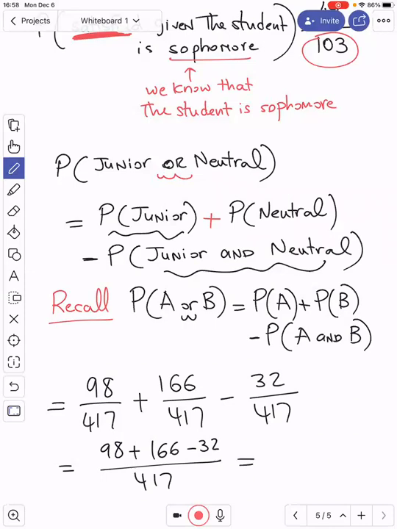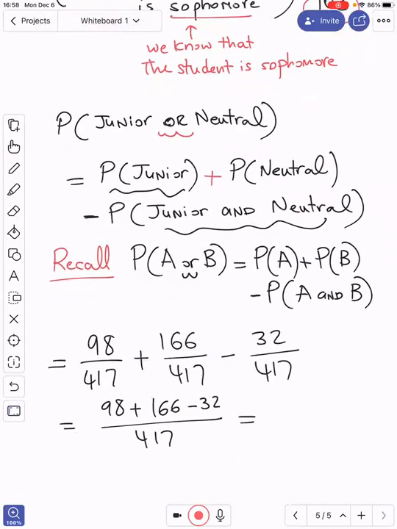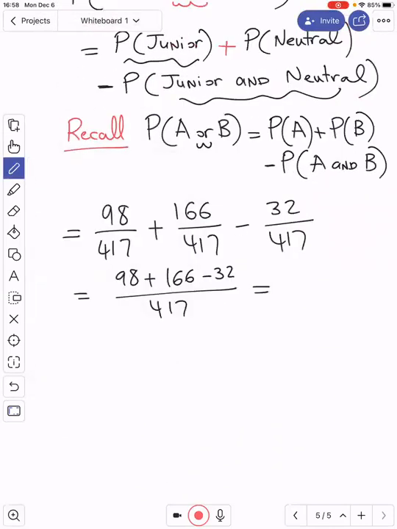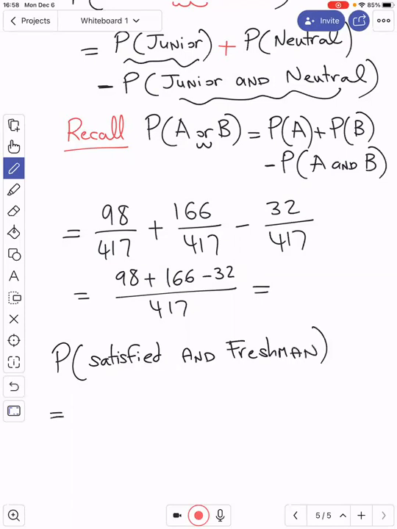Right. For satisfied and freshman, the probability that the student selected at random is satisfied and freshman. Okay, so how many students are, at the same time, satisfied and freshman?